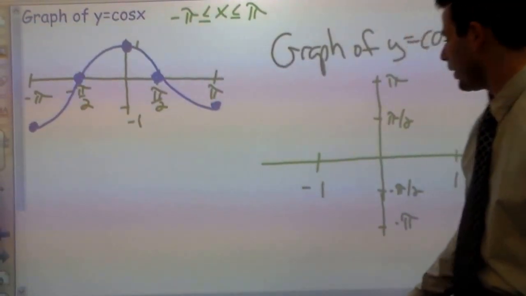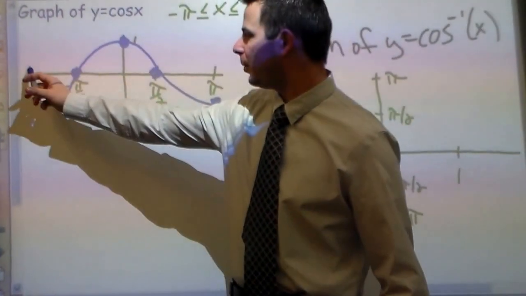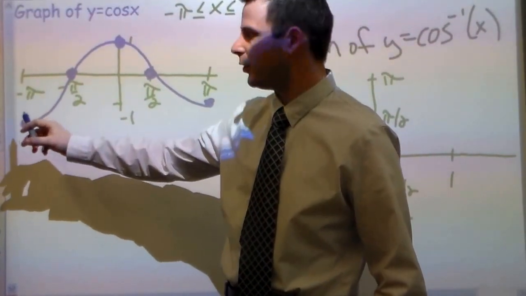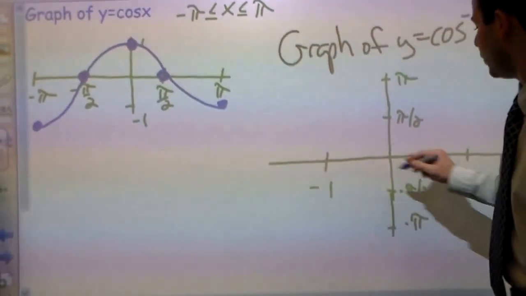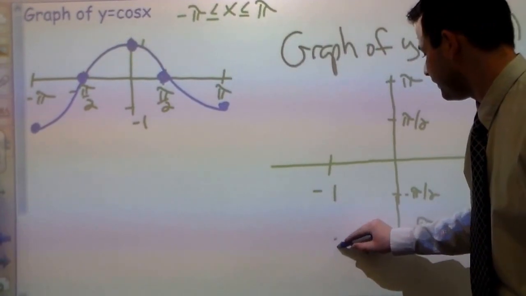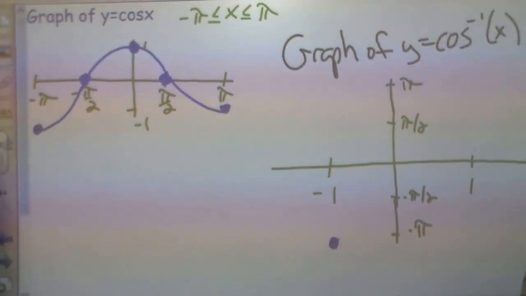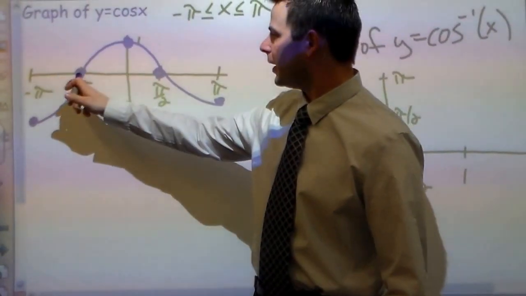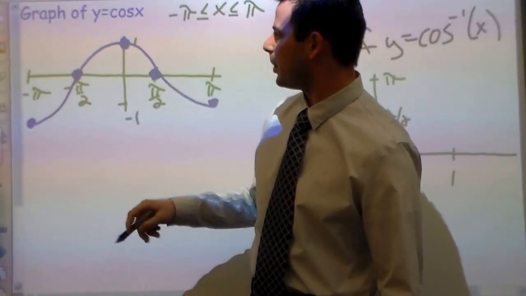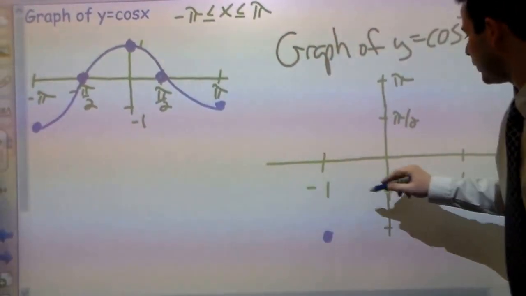So let's plot all the pairs now. We had the ordered pair negative pi, negative 1, interchange x and y, becomes negative 1, negative pi. We had the ordered pair negative pi over 2, 0, so now we have the ordered pair 0, negative pi over 2.